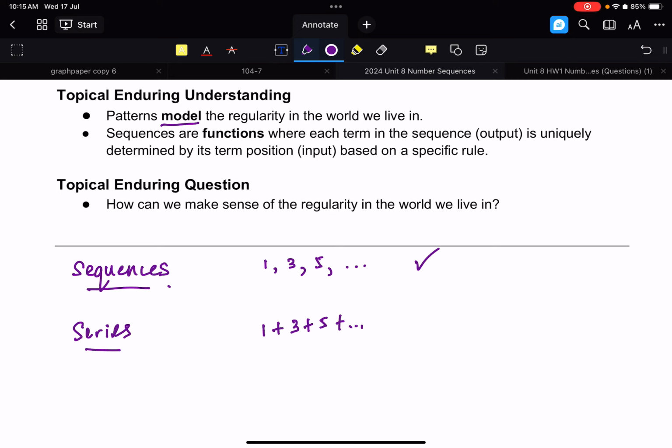So sequences are actually functions, where each term in the sequence is uniquely determined by its term position, based on specific rules. So we're trying to make use of number patterns and number sequences to make sense of regularity in the world.